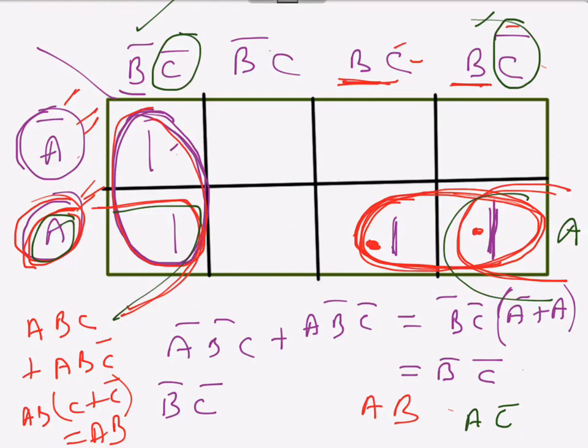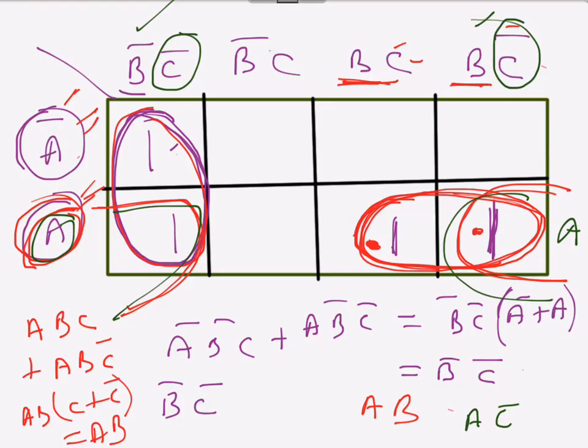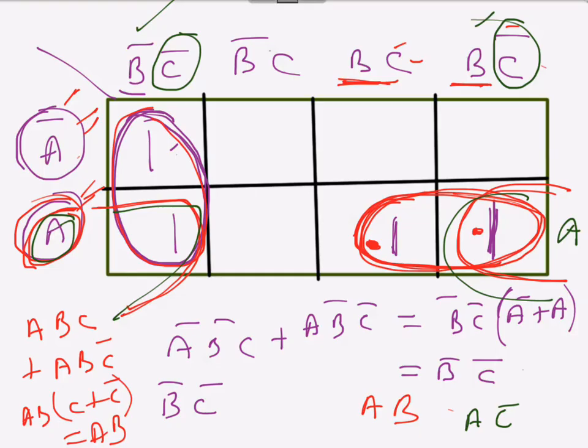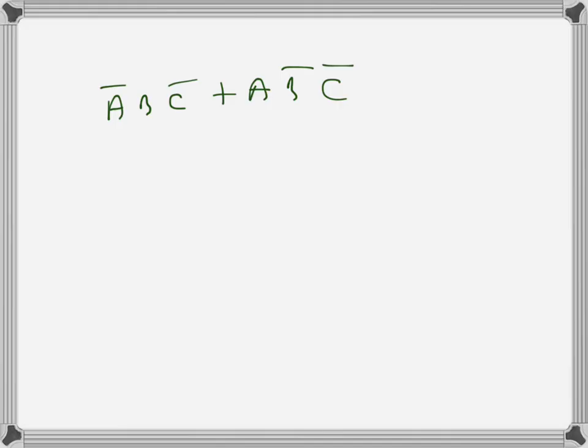If this whole thing were in Boolean algebra, this one would be A bar, B bar, C bar, plus A, B bar, C bar, and this one would be A, B, C plus A, B, C bar.